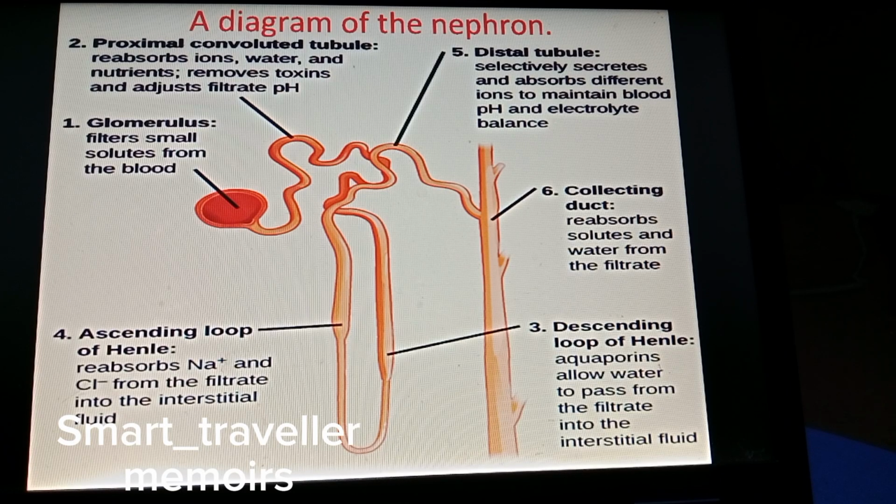Number 4, ascending loop of Henle reabsorbs sodium ions and chloride from the filtrate into the interstitial fluid. 5, distal convoluted tubule selectively secretes and absorbs different ions to maintain blood pH and electrolyte balance. And finally, collecting duct reabsorbs solutes and water from the filtrate.